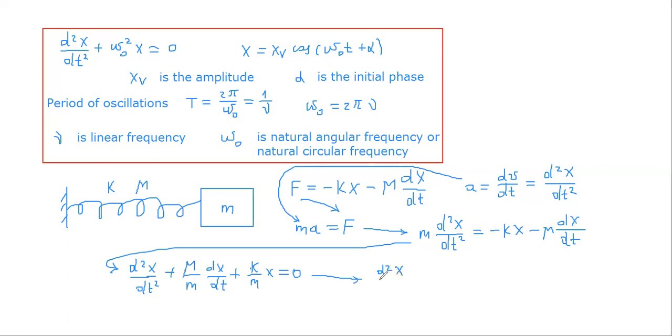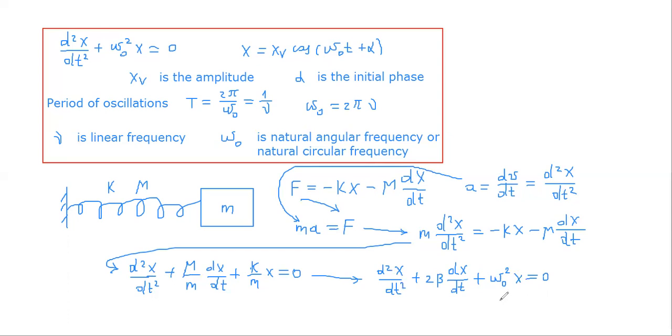This will be d2x divided by dt squared plus 2 beta dx by dt and plus omega 0 to the power of 2 x, that is equal to 0.